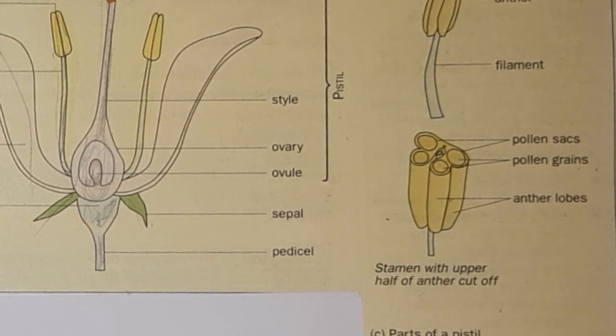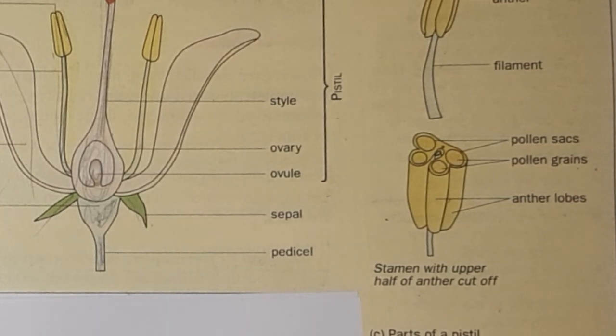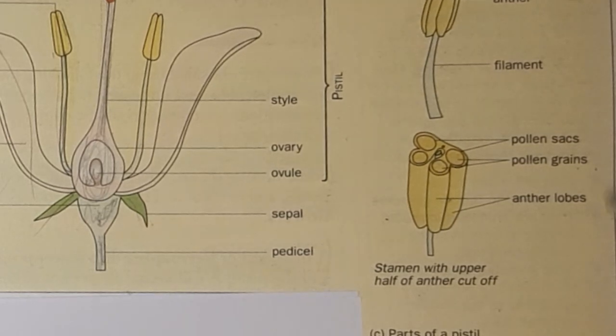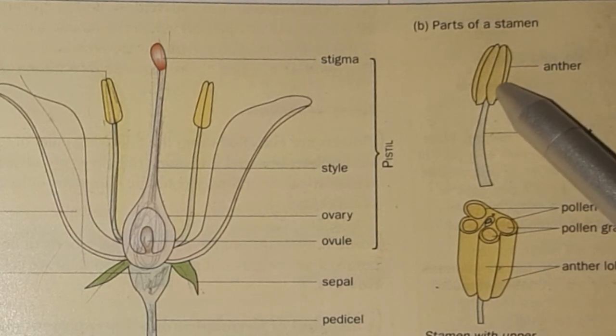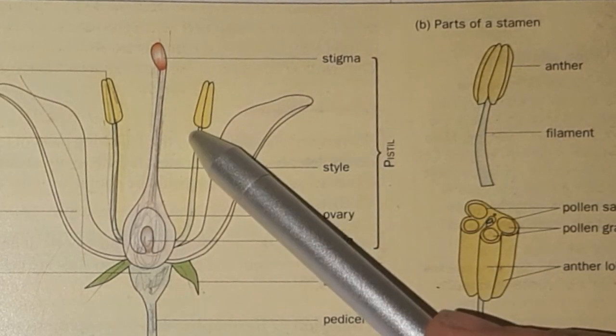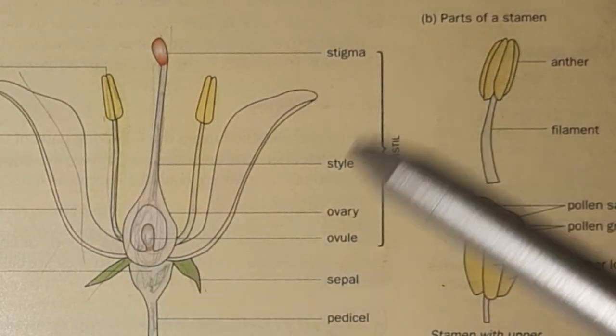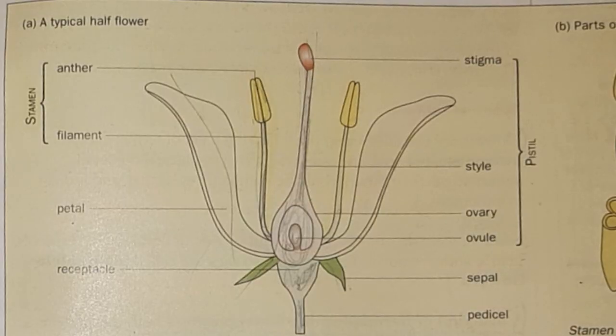Altogether it is called the pistil. This is the stigma, style, and this is the ovary. And in the flower which I have shown, you can clearly see the stigma over there, and you can also clearly see the anther, the bilobed anther, and the petals, calyx, and all the parts.